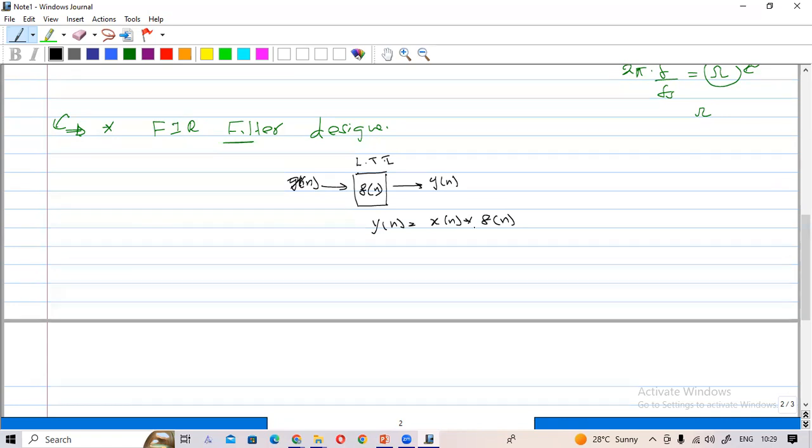But if you know y(n) and x(n), you can't easily evaluate h(n), because the reverse process of convolution is somewhat hard, maybe impossible.